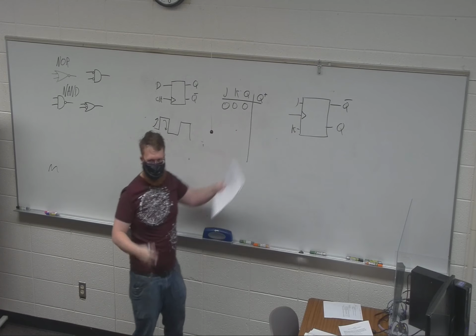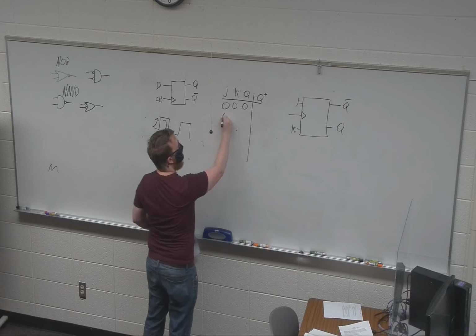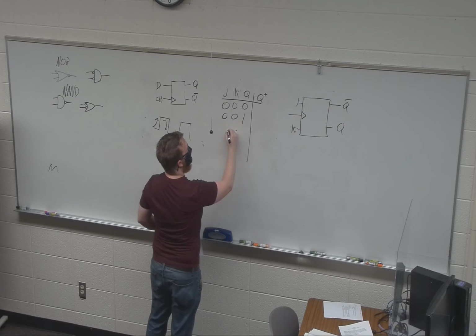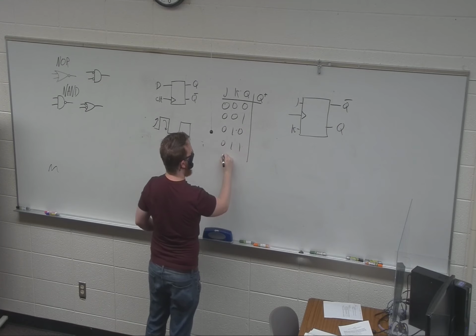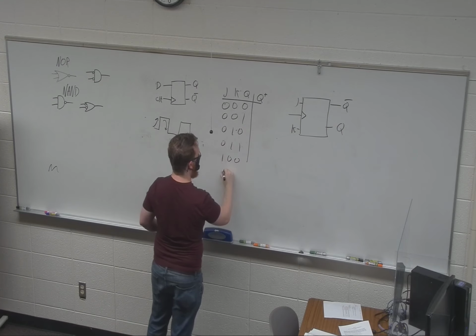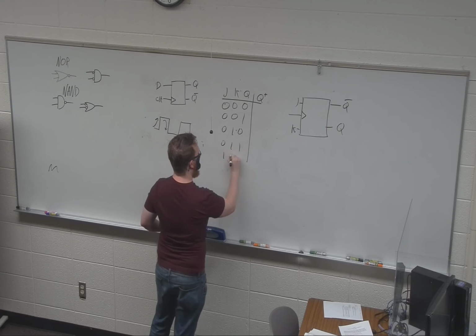What is the next Q based on J, K, and current Q? 0, 0, 1.